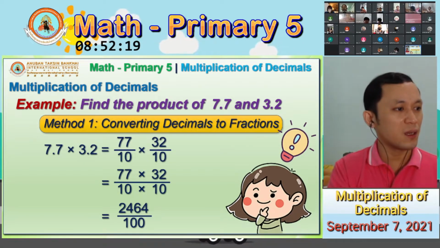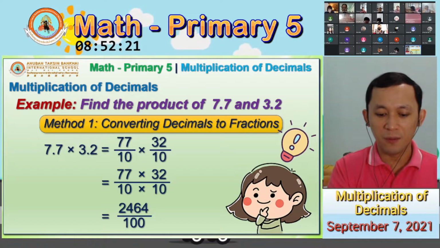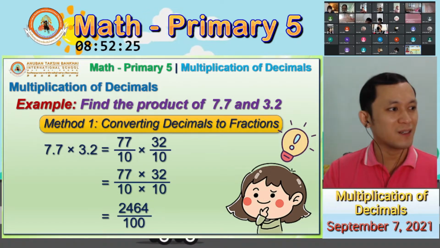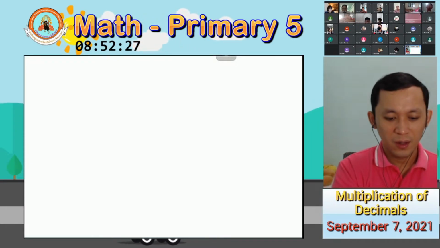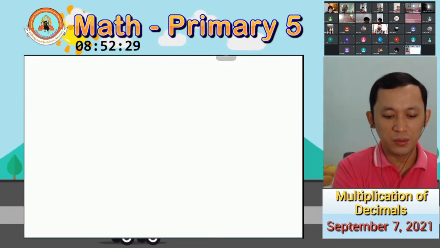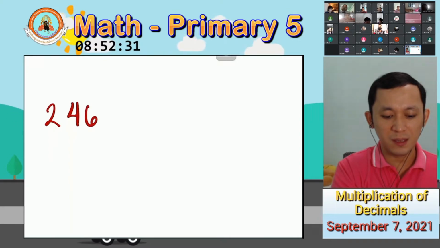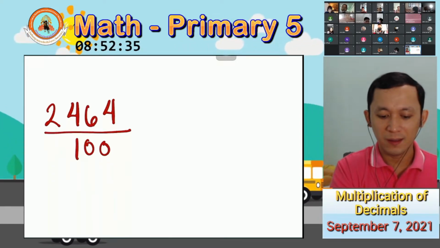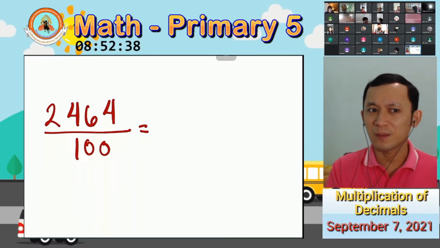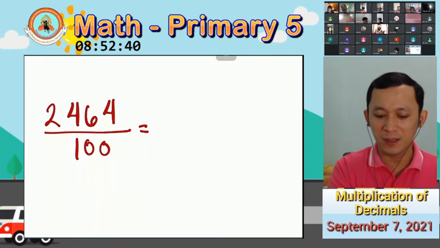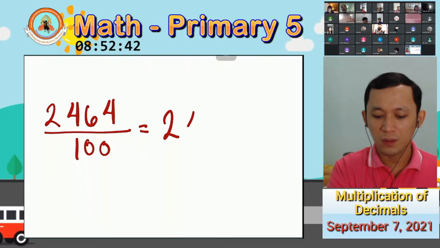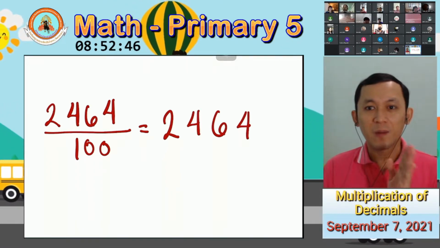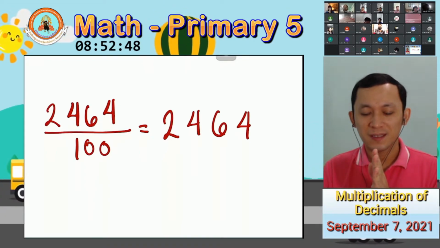Now going back here, we have 2,464 over 100. What's the answer? Let's write our number: 2, 4, 6, 4. How many zeros do we have? 2.